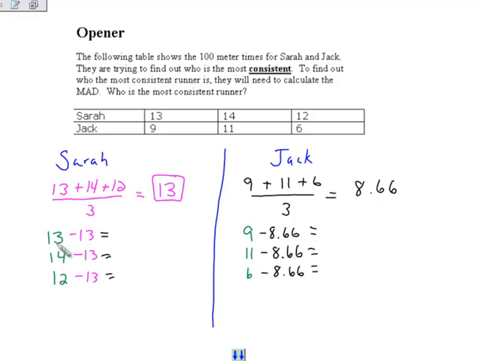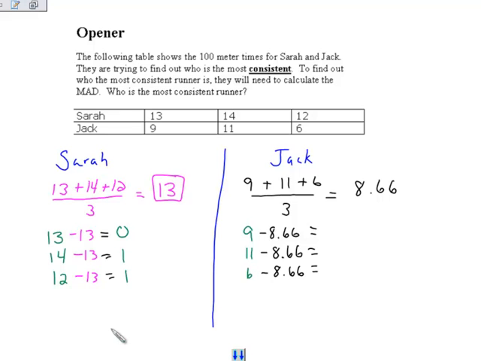Okay, so 13 minus 13 is 0. 14 minus 13 is 1. 12 minus 13 is negative 1, but if you read the hint, it says all values need to be positive, so remove all negative signs. So I'm just going to remove it right away and make it a positive 1.